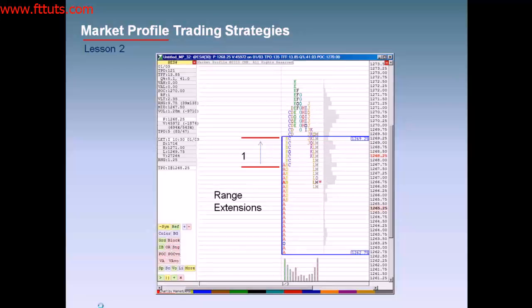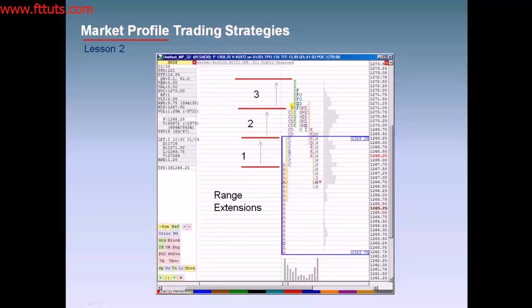All right, our next range extension is the C period, and notice how it takes me even above the initial balance. So this is definitely a bullish day. Now, my third extension doesn't happen in the D period, in the fourth period. On the contrary, in the D period we had just a tiny little print outside the range, and a lot of amateurs would have been thinking, aha, this is the point I sell.